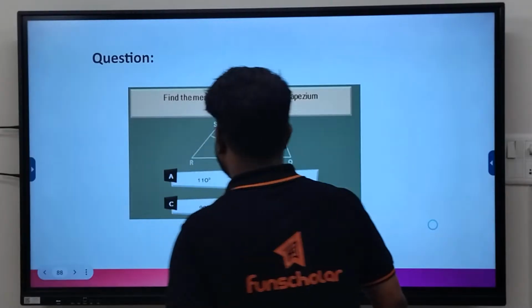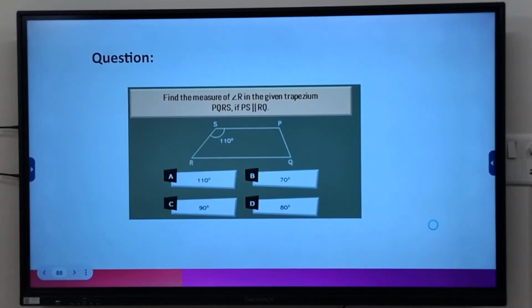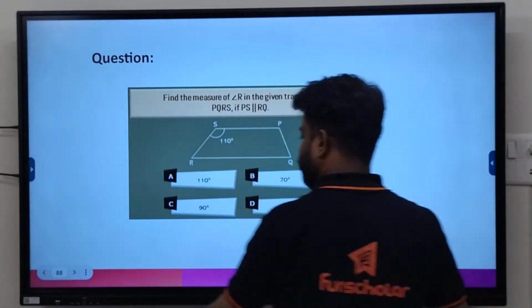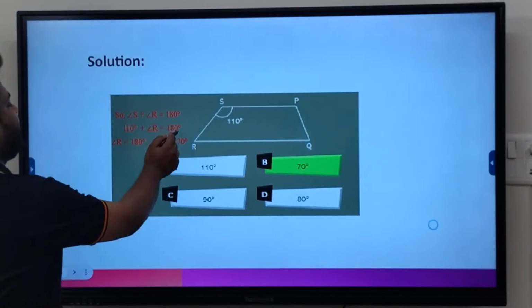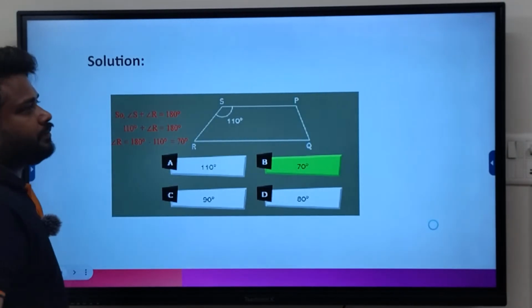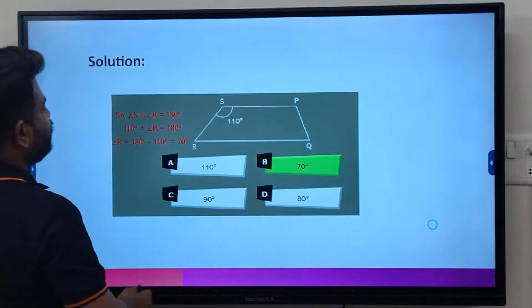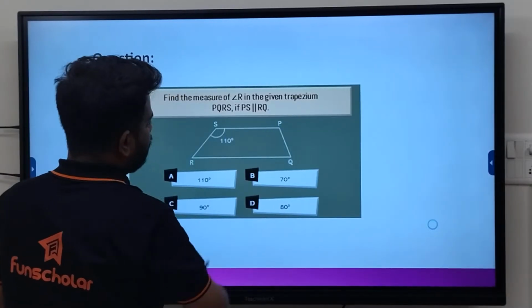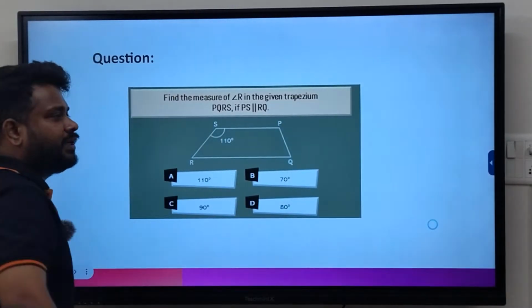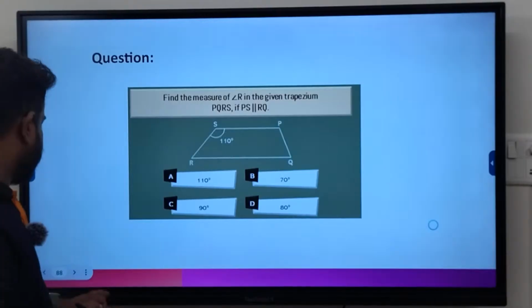Okay, let's practice. Find the measure of R in the given trapezium. In the given trapezium the value of R will be 70 degrees. Why? Because they are following this rule that if this one is 110, this one will also be 110, and these two have to be 70 to make it 360.